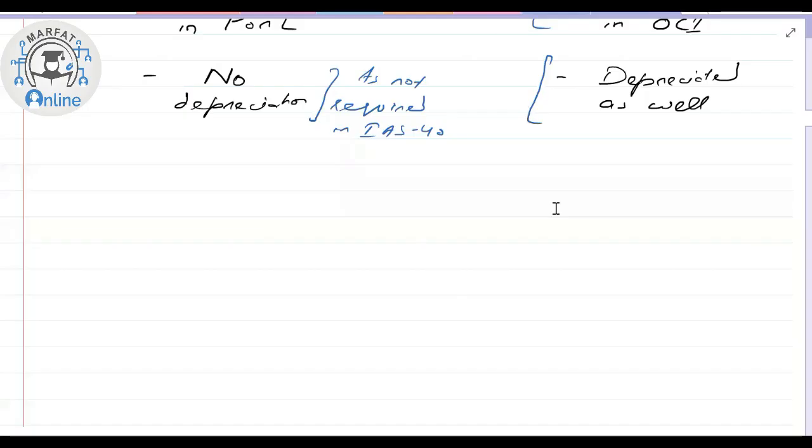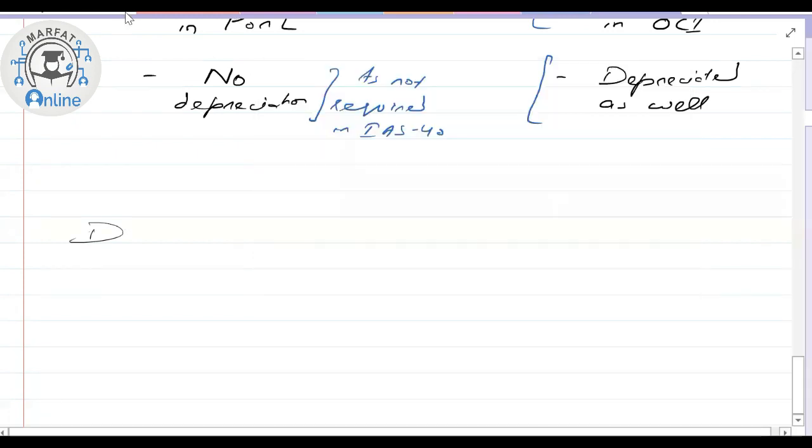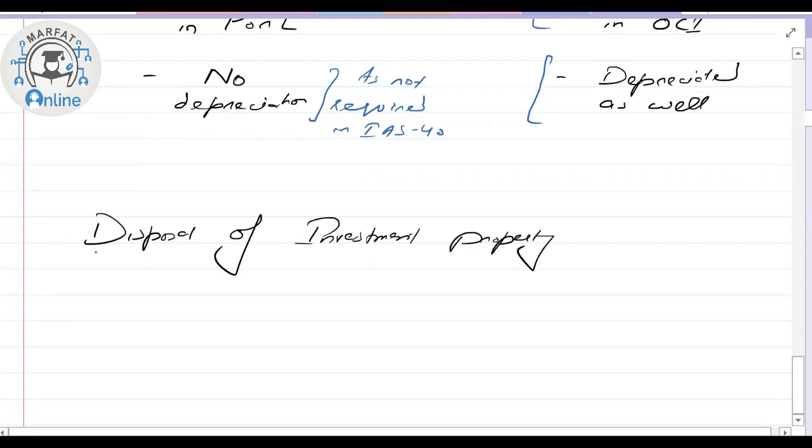Now the last thing in this standard is disposal of investment property. Disposal of investment property.